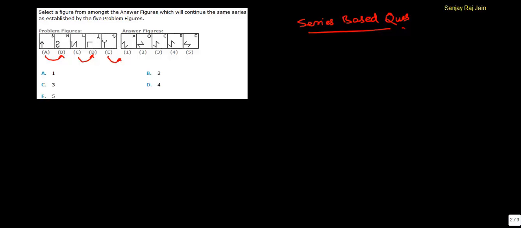In figure A to B, the element at the upper right corner gets enlarged and comes in the bottom left corner and is flipped vertically.